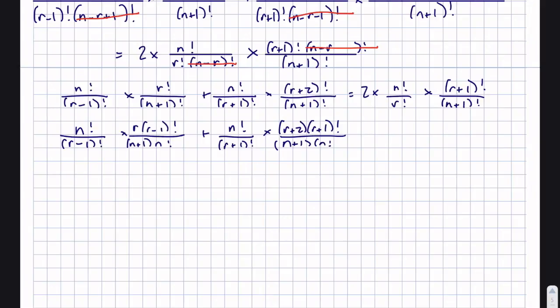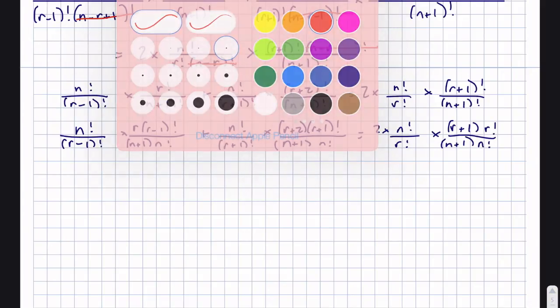Equals 2 times, I've got n factorial, r factorial. This is (r plus 1) times r factorial. And this is (n plus 1) times n factorial. So now let's go in and start cancelling.